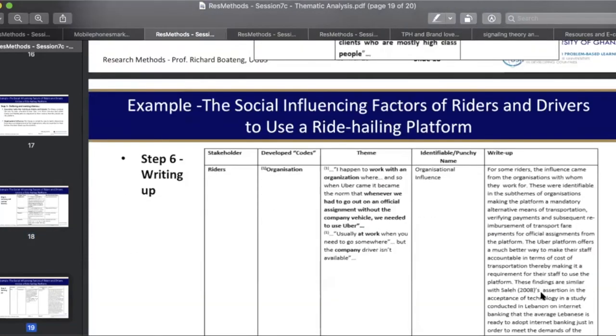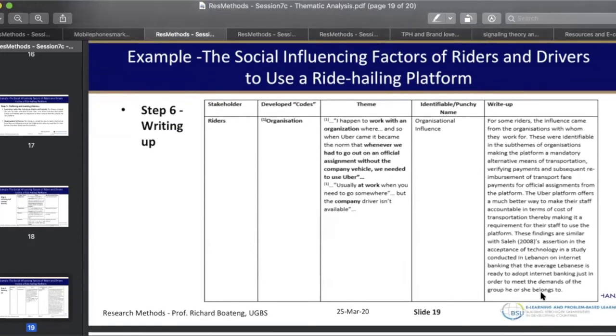Concerning organizational influence, some riders say they were influenced by the organization they belong to. These were identifiable. Then after that, you go and discuss the other one. So please, do you get a logical process of doing analysis and then doing writing? If you are doing thematic analysis, you are going to end up developing themes, and the themes you develop will start from codes that you develop.